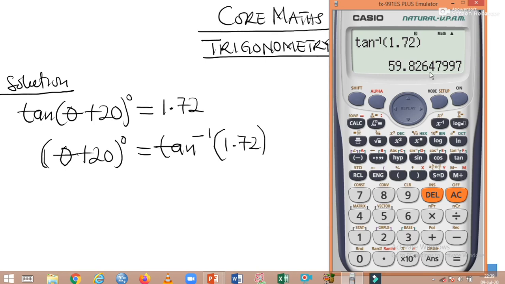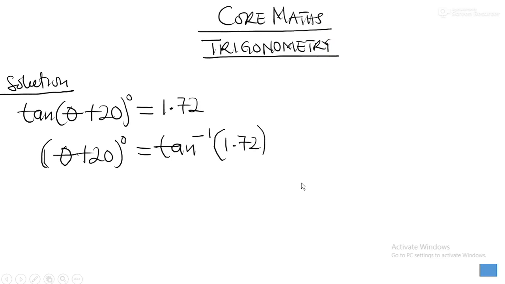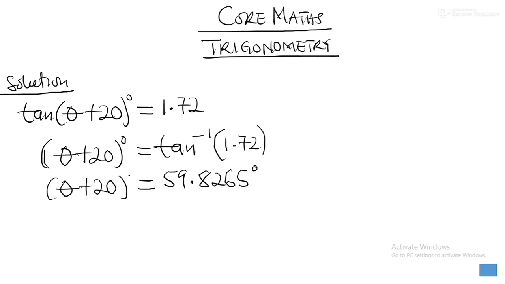Okay, good. So we are now going to have 59.8265. Good. So it should also be in degrees. So we have theta plus 20 all in degrees.